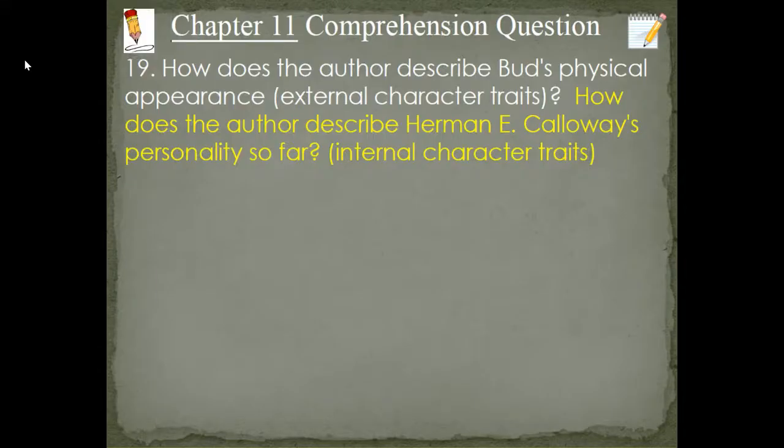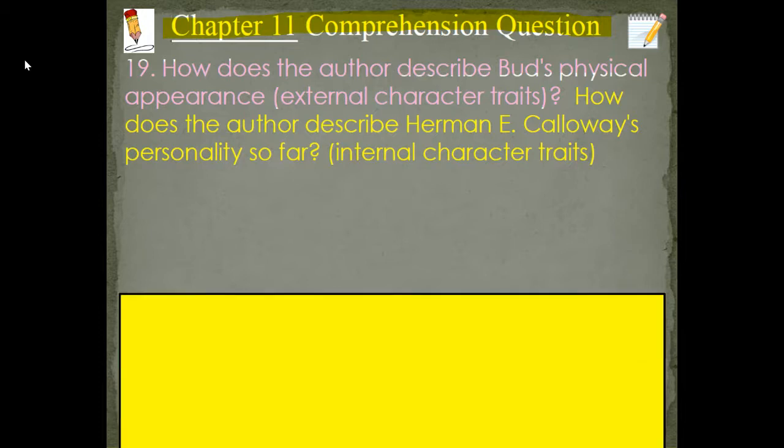At the end of this lesson, you are also going to use your pencil to answer this comprehension question for Chapter 11. How does the author describe Bud's physical appearance, his external character traits?